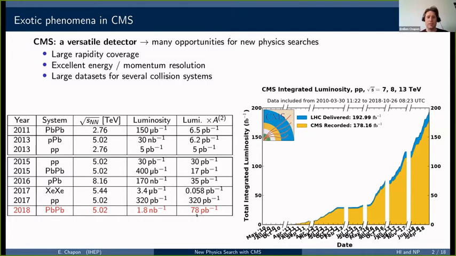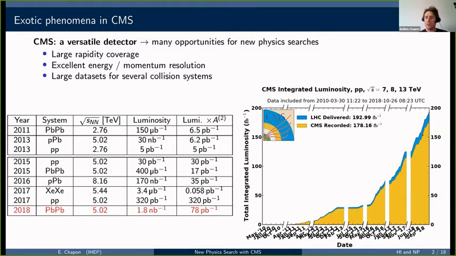But this scaling does not apply to things initiated by photon interactions. On the right is the integrated luminosity for pp collisions.